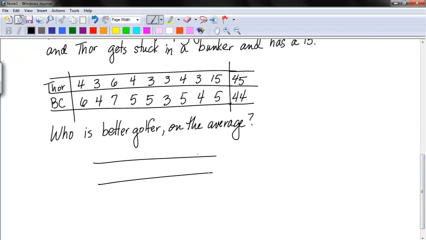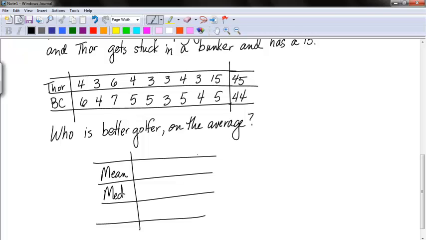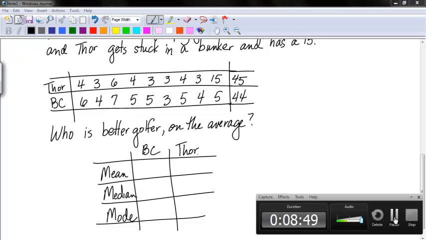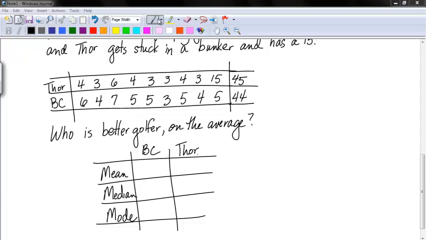So let's do a table: the mean, the median, and the mode, for BC and Thor. Take a minute and find them.